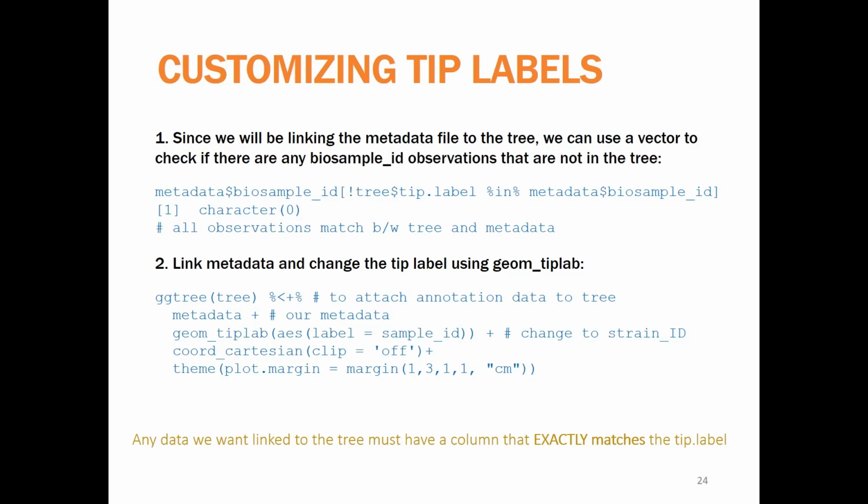The way we do this is by running this code and subsetting it to see if there are any tree tip labels that are not in the metadata sample. If you run that, you should get character(0), meaning that all observations match between the tree and the metadata file. The important thing with this is that your metadata first column should match the tree tip labels when you're linking them.